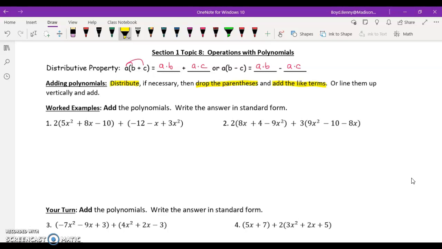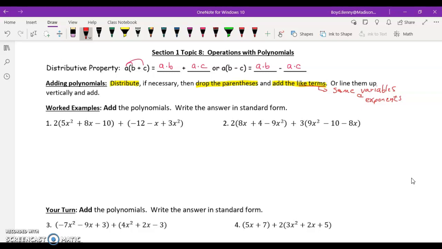Now just a quick review, like terms have the same variable and exponents. Okay? Or we can add them vertically, and I'll show you an example of that in the second problem.